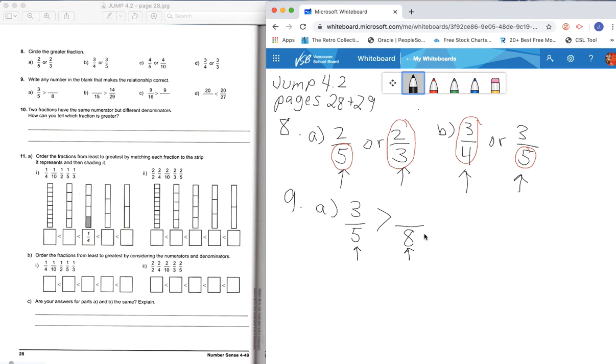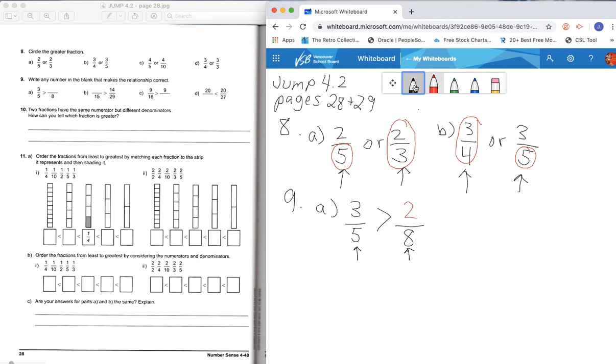So this fraction is going to be less than 3/5. Okay, and so you can choose anything, any number you want to go on top of here that is less than 8. So for example, I'm going to choose 2. Okay, so you can do any number that is less than 8.